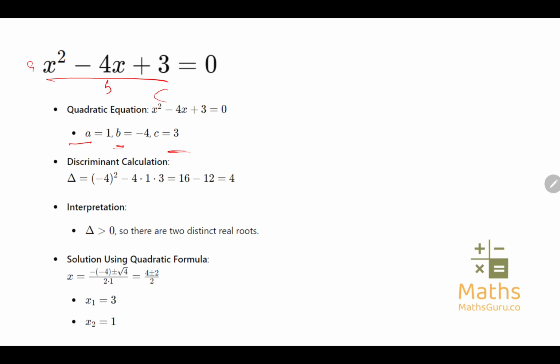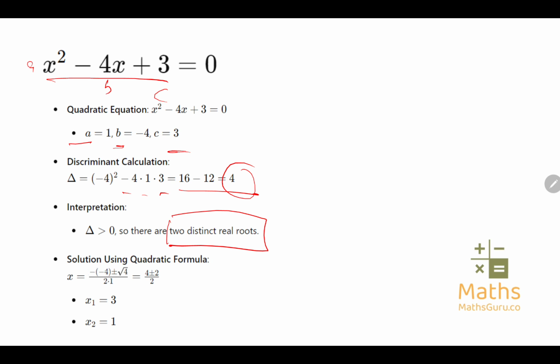Calculating the discriminant, it is minus 4 square minus 4ac, which gives the final value 4. This is greater than 0, so we can conclude that we will have two distinct real roots, or real zeros, for this problem. So let's put it into the formula.